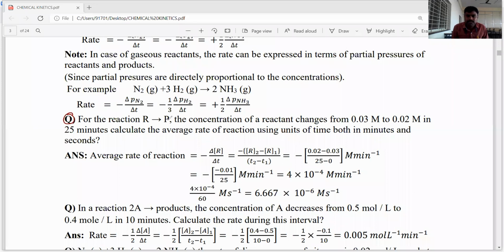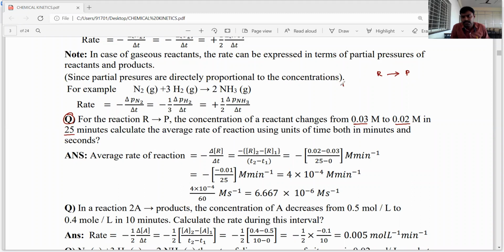A reaction R is converted into P. The concentration of reactants changes from 0.03 to 0.02 molar in 25 minutes. Initially the time is 0, and after 25 minutes the reactants have converted into products.